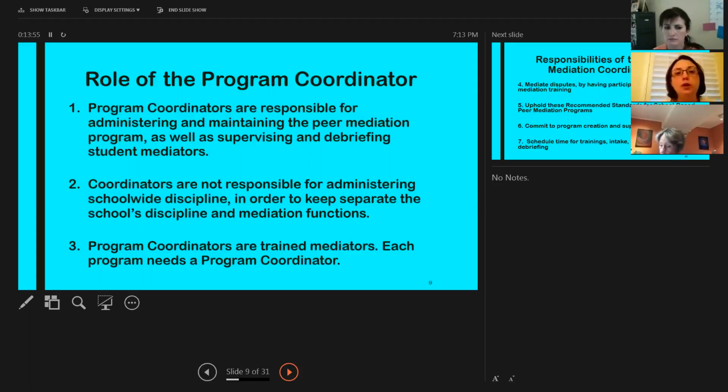So you do want to keep those two functions of administering discipline and peer mediation separate. So that's an important distinction to make. And number three, program coordinators are trained themselves. And for the integrity and the fidelity of the program, every school that has a peer mediation program needs a coordinator.